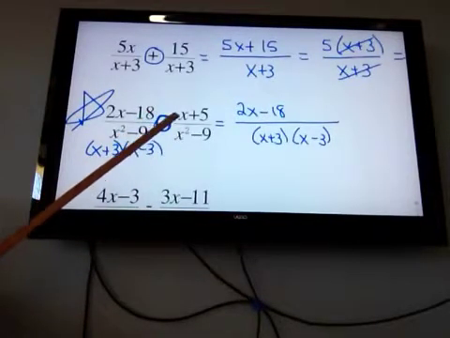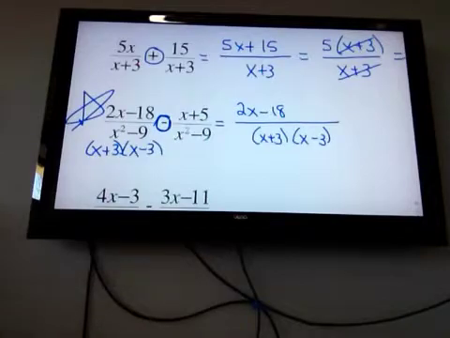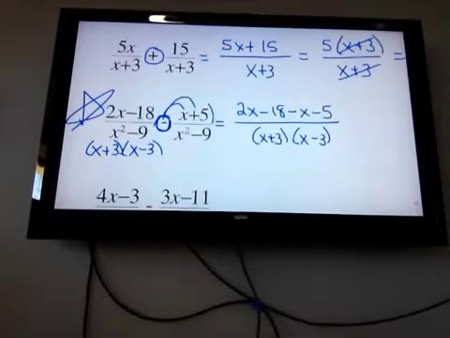But here I'm subtracting a quantity, which means that the minus goes to both of those terms. So it becomes minus x minus 5. That negative is distributed. If it is helpful, put parentheses around that, and know that the minus goes to everything in that numerator.